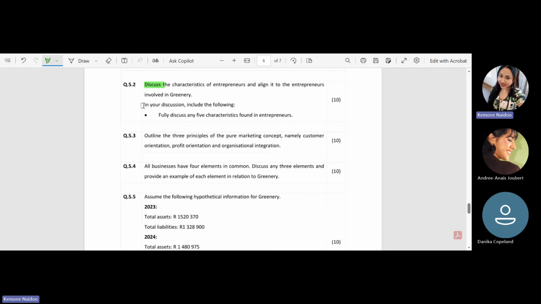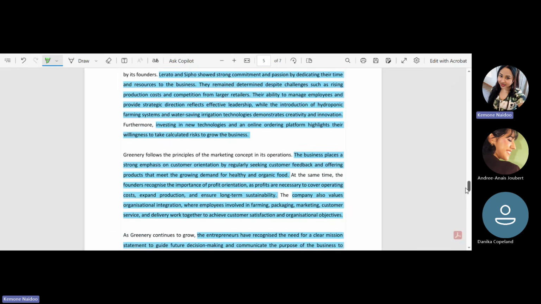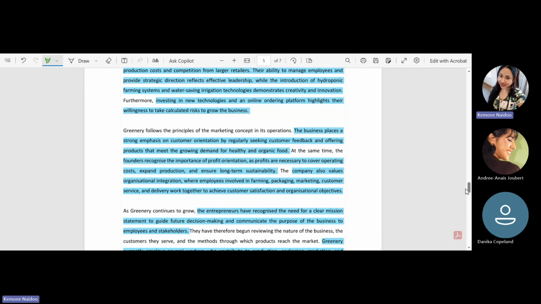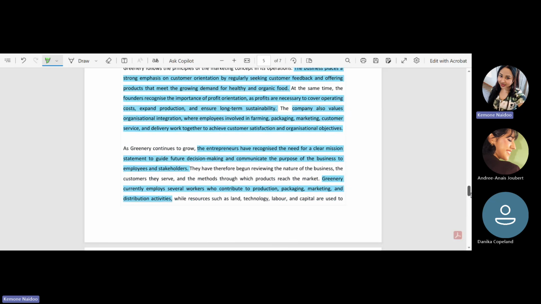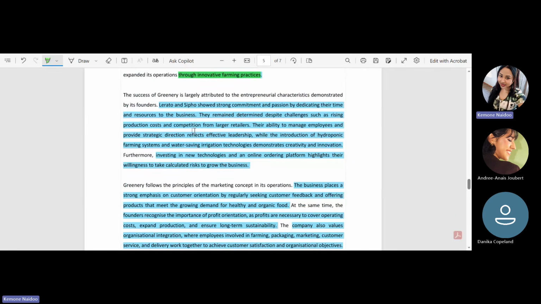So in your discussion, include the following. Fully discuss any 5 characteristics found in the case study. So we've just been through some of them. If we look at, there are a few here. Okay, in this paragraph, you will see it says Lerato and Sipo showed strong commitment and passion.